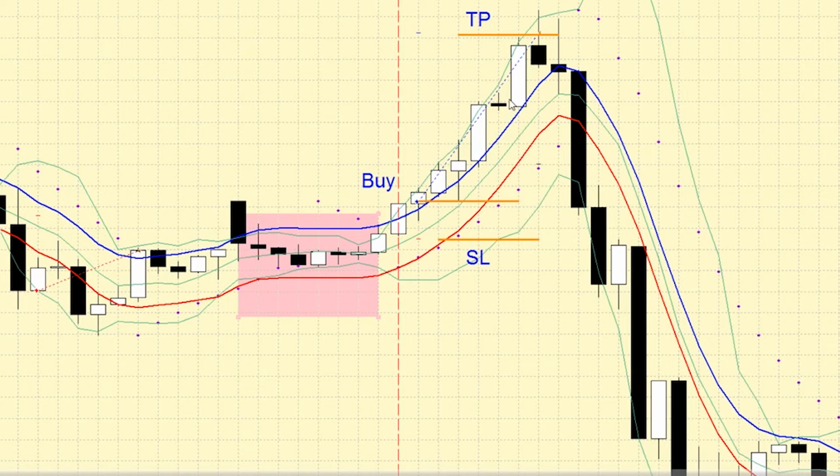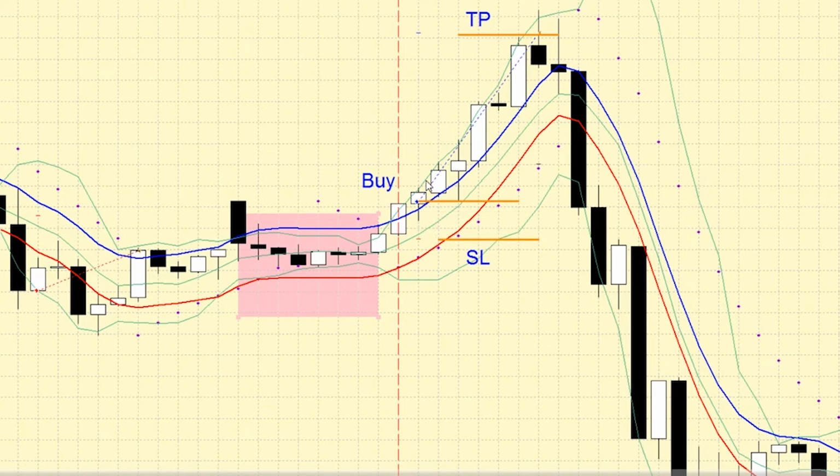In this case we see that the candle closed with the green Bollinger line above the Envelopes indicator, and at the opening of the next candle we make a deal to buy at the current price.